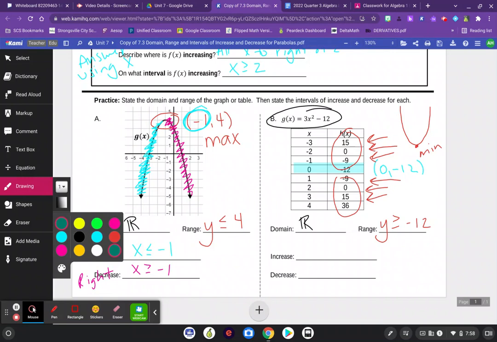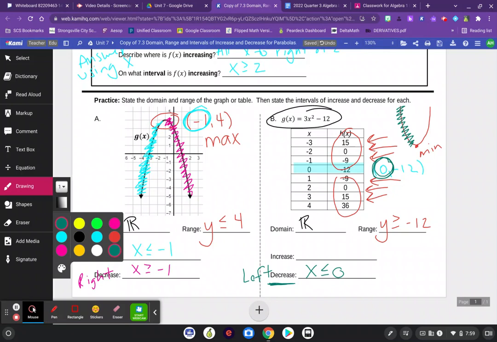If I have this sketch of my graph, it looks like I'm starting off by decreasing. I'm going to put that down here. It looks like I'm decreasing to the left of my vertex. I use the x value to answer this question. So for all x values less than or equal to 0, I'm decreasing because I'm to the left.